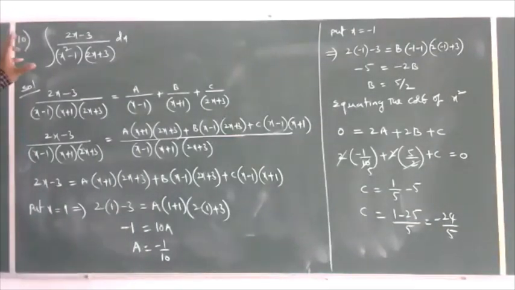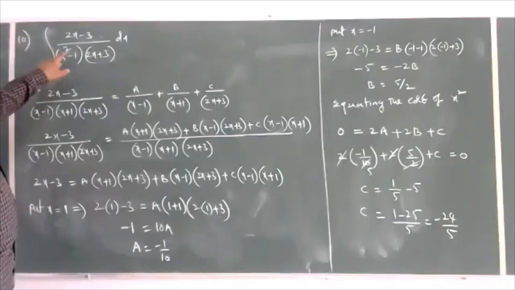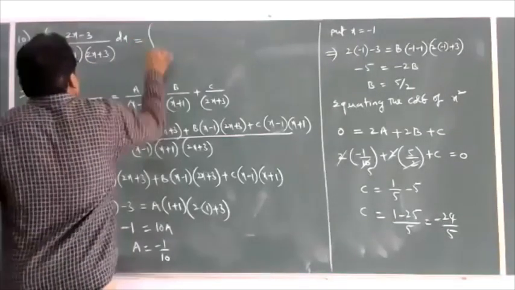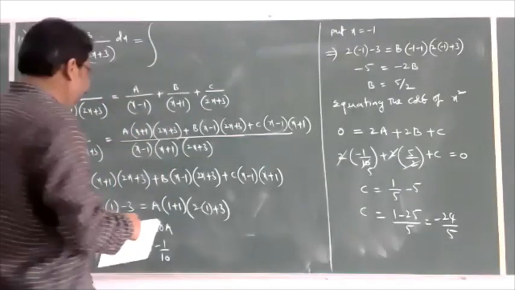After resolving the partial fractions, you write the integration of 2x minus 3 by x square minus 1 into 2x plus 3 dx is equal to the integral of, what is a here?